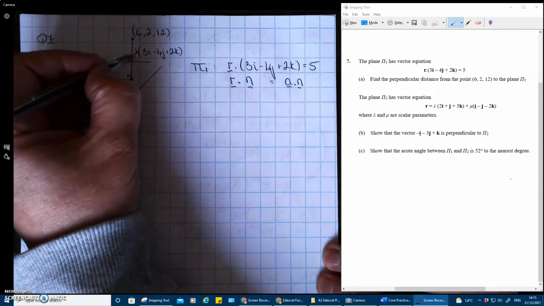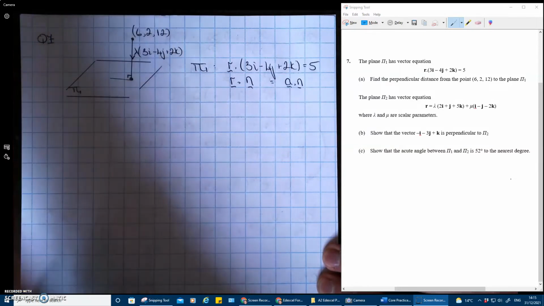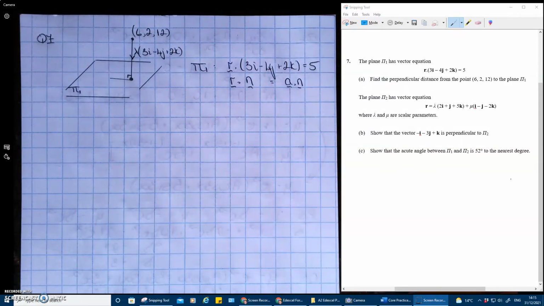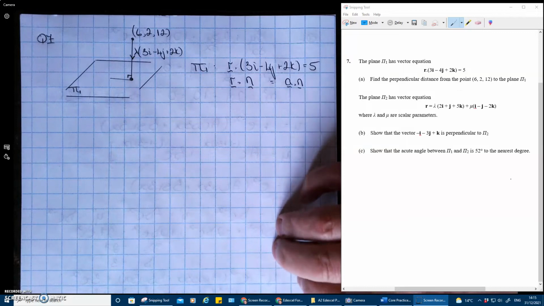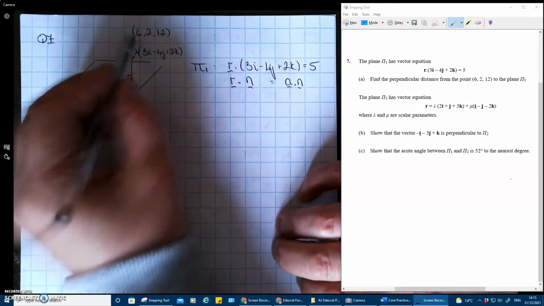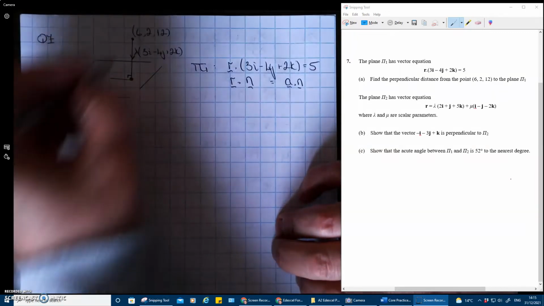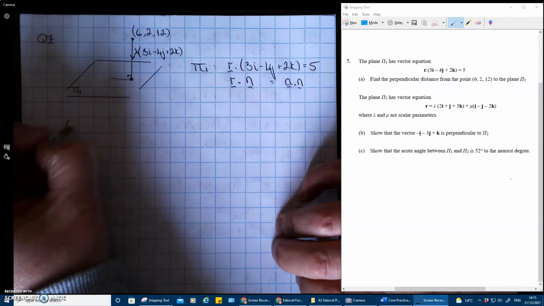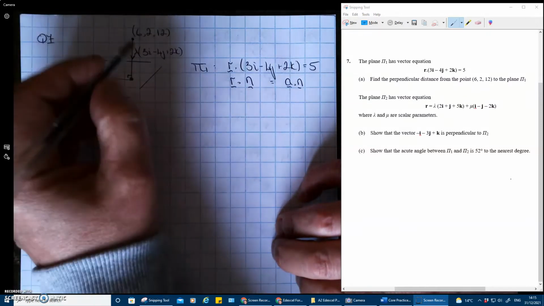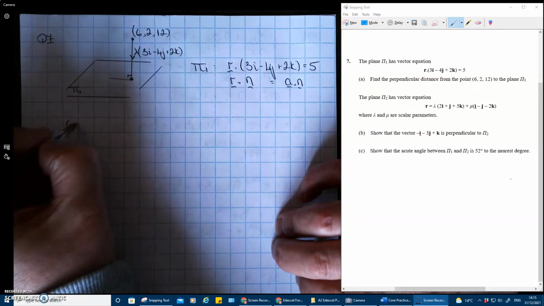I'll go from top to bottom. I'll go from the point to the plane, but it won't make any difference at all. If I go the other way around, I'll just get lambda as being the negative. So if I go starting from 6, the x coordinate is 6 plus 3 lambda.